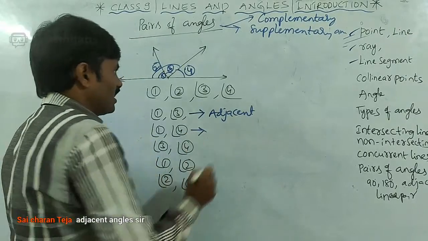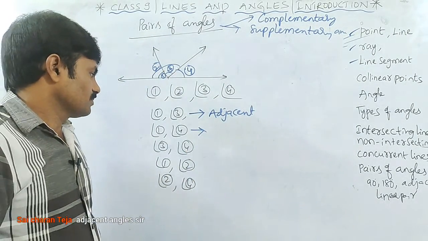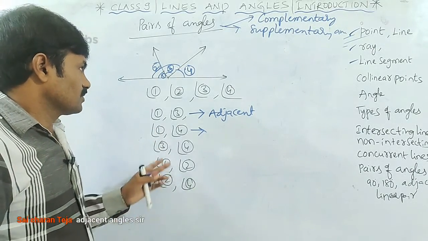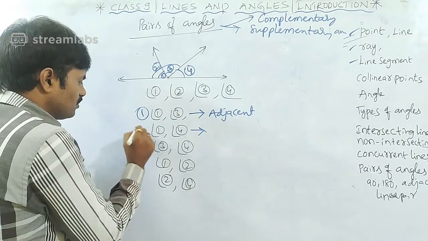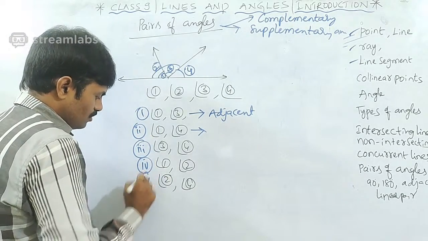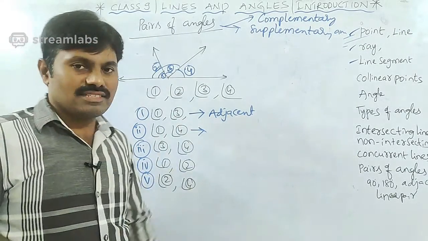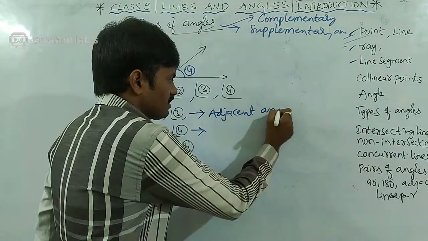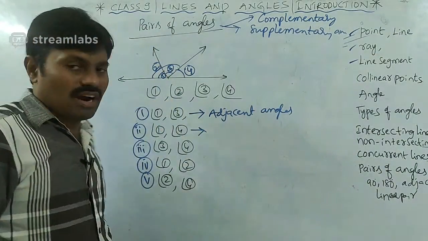Next, what about angle 1, angle 4? If I give names for these, 1, 2, 3, 4, 5. Now the first one is adjacent angles. So in these pairs, what are adjacent angles?